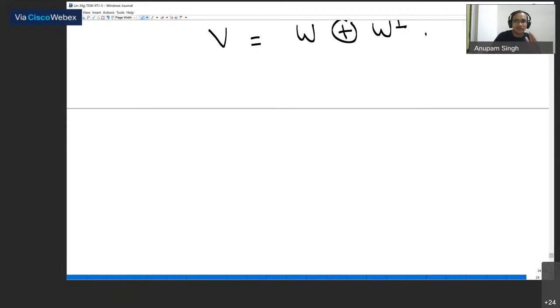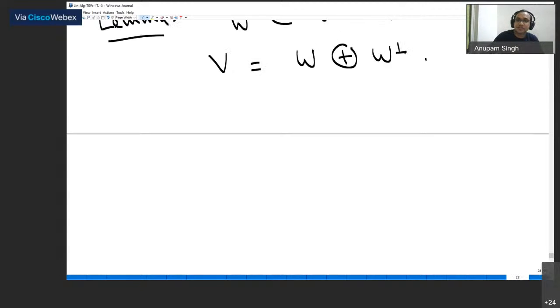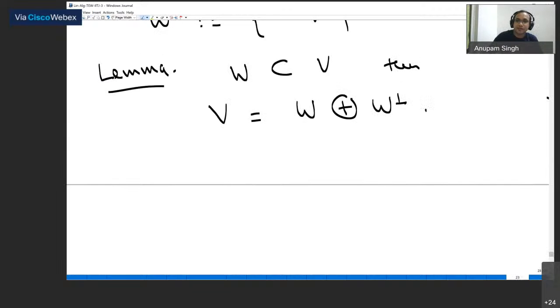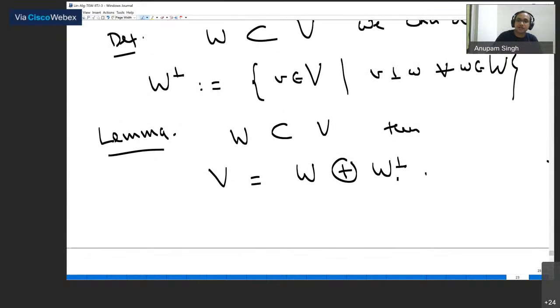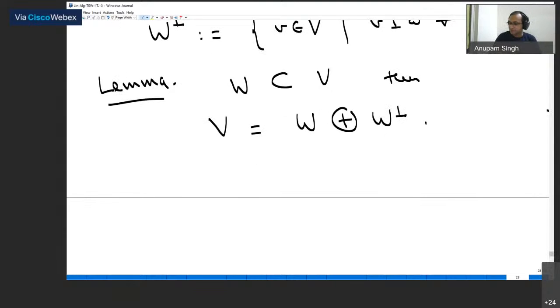So this lemma is not true in more general settings, but it is certainly true for inner product spaces which we are working with here, right? Because after all, there cannot be any vector which is perpendicular to both W and its perpendicular complement. It would become perpendicular to everything in V, which is just 0.